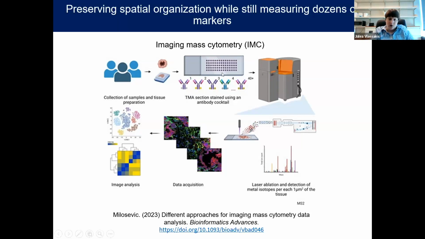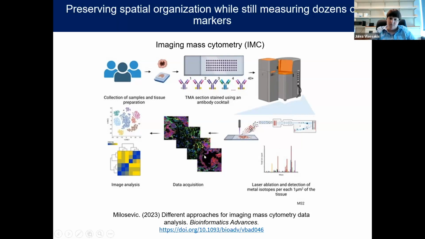And essentially, through a laser ablation and collection of the metal isotopes per each square micron of the tissue, you're able to then reconstruct what the localization of the proteins were after collection in the time of flight mass spectrometer.